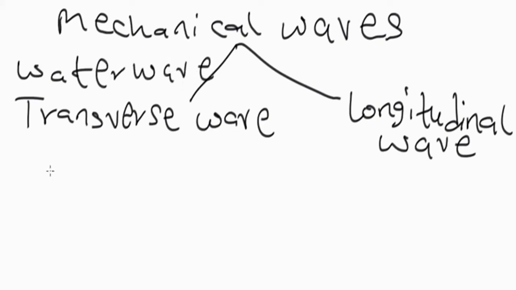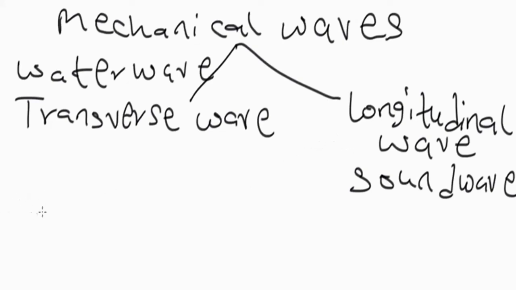Also note that all electromagnetic waves we looked at earlier are classified as transverse waves, which include radio waves, light waves, X rays, ultraviolet waves, and the rest of them. Whereas a typical example of a longitudinal wave is sound wave. We also have wave on a string.